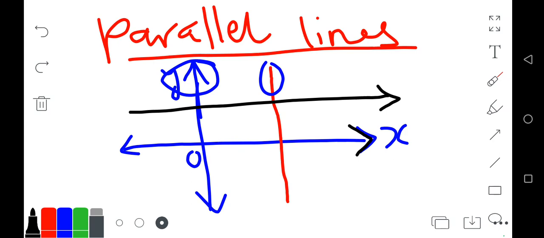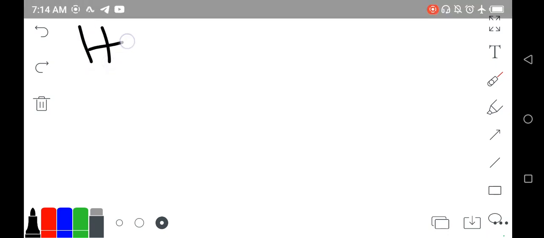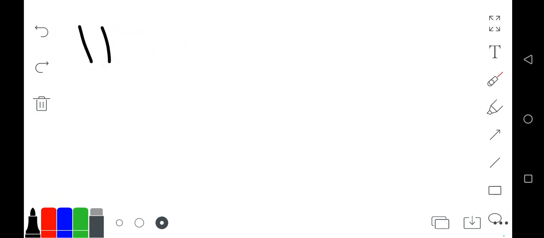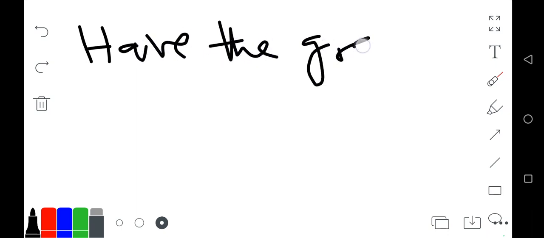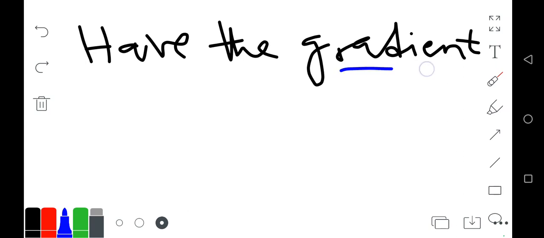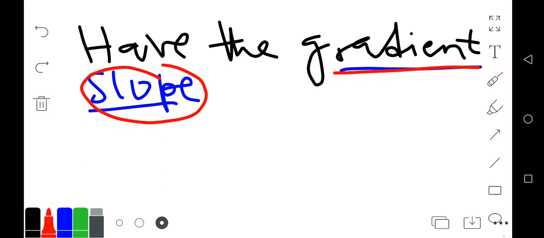What this means is that parallel lines have the same gradient, or rather the slope. The word slope and gradient just mean the same.